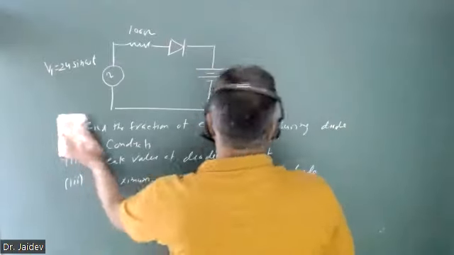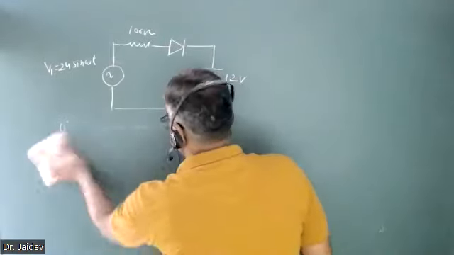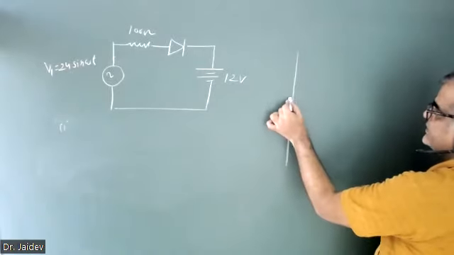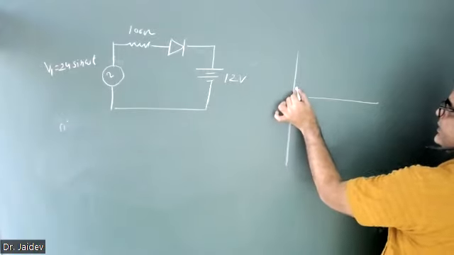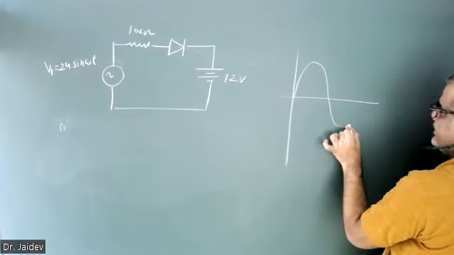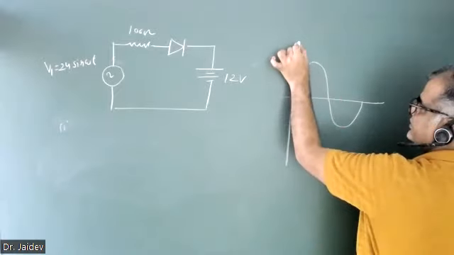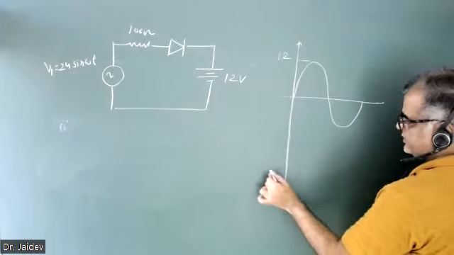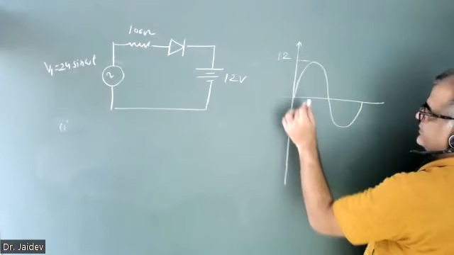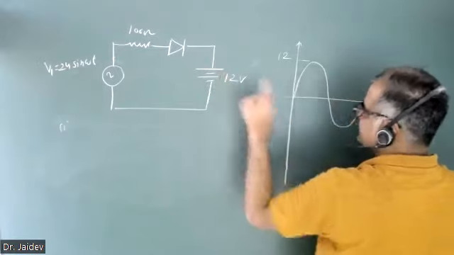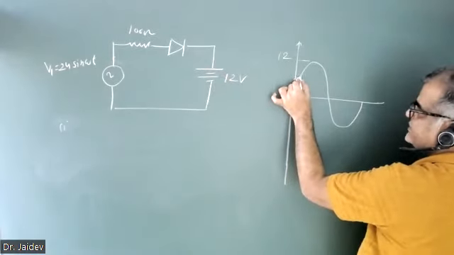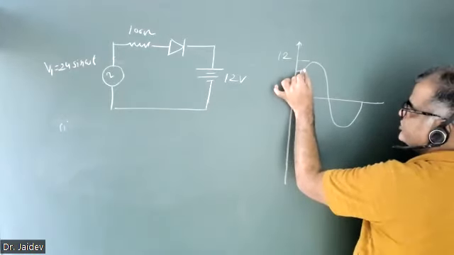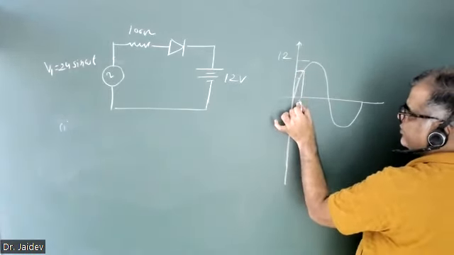Let us see what will happen if I draw the signal. So this is my signal, a sinusoidal function. The diode is reverse bias up to 12. Whenever this sinusoidal function reaches 12, up to that time the diode will not conduct.